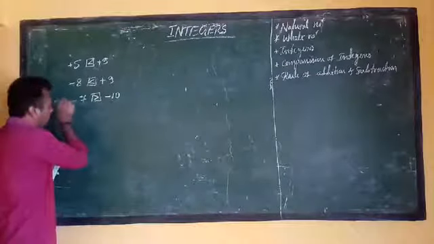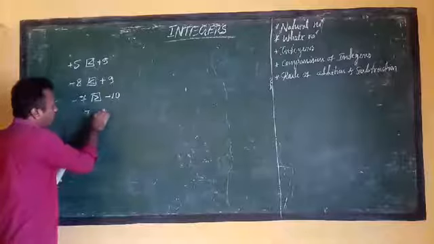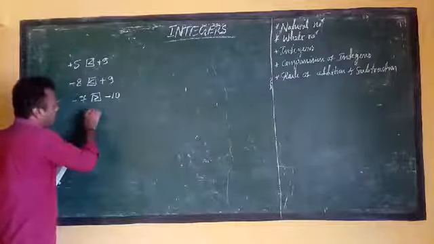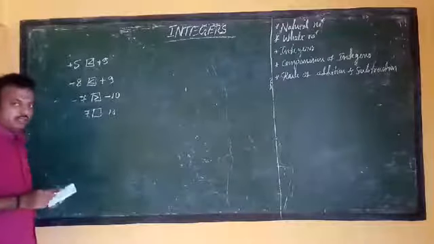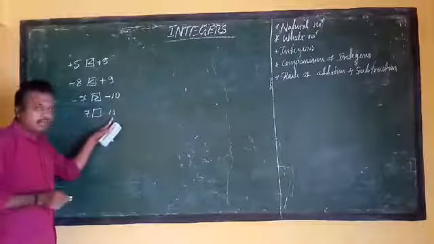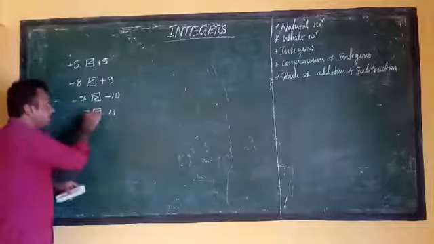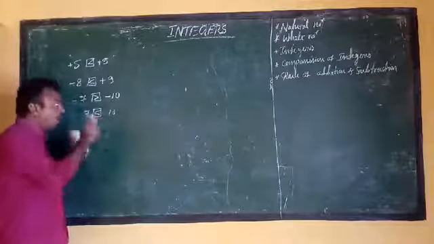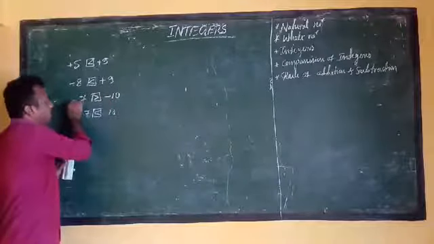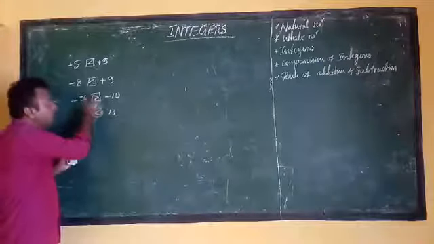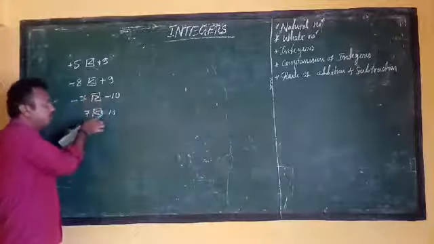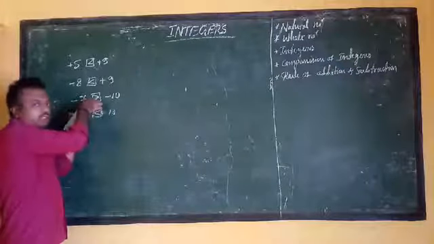If you don't know, you have to do one thing. First, you have to remove the negative sign. So 7 and 10 remain. Which is greater? Easily, 10 is greater. After that, put the negative sign on both sides, and the symbol becomes reversed. So this is the smaller than, and that is the greater than symbol.